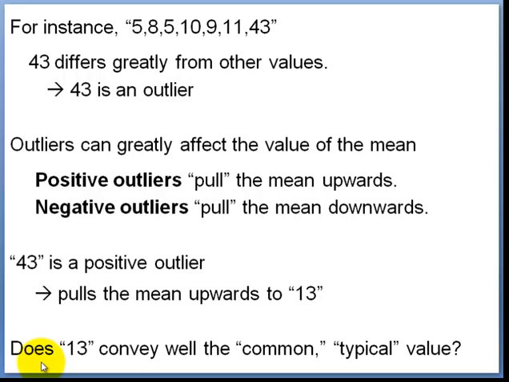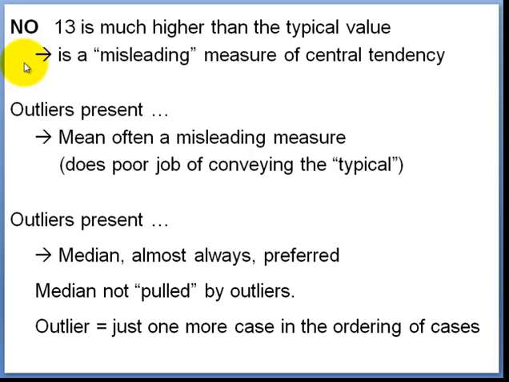Let's ask the question, does 13 convey well the common typical value for our data? No, it doesn't. 13 is much higher than the typical value. It's a misleading measure of central tendency, or what I mean to say is the mean is a misleading measure in this situation.